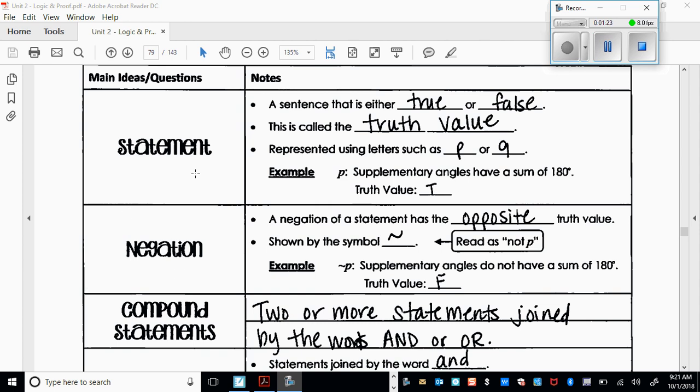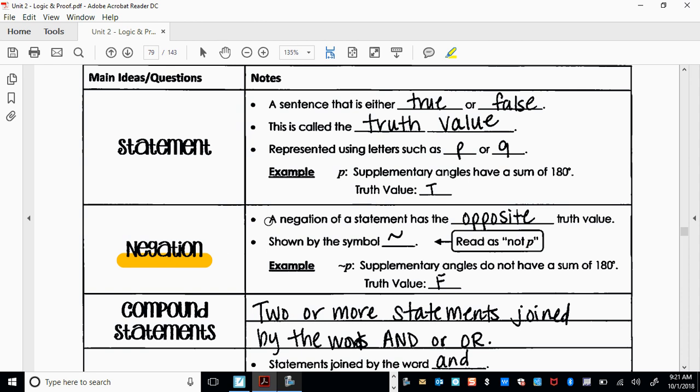We talked about negation in the previous section in last class. So negation is a statement that has the opposite true value. If I say negative, it's the opposite. The symbolic notation is this wiggly line, and we can read it as not P or not Q, whatever they gave us.